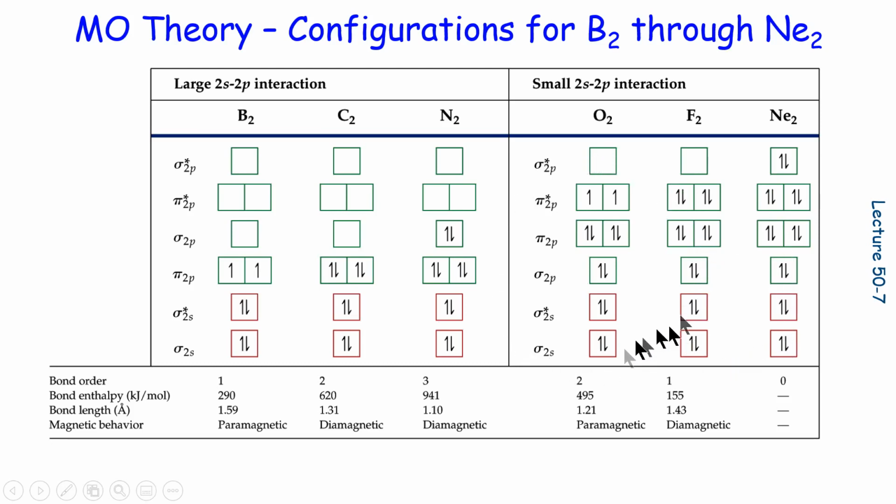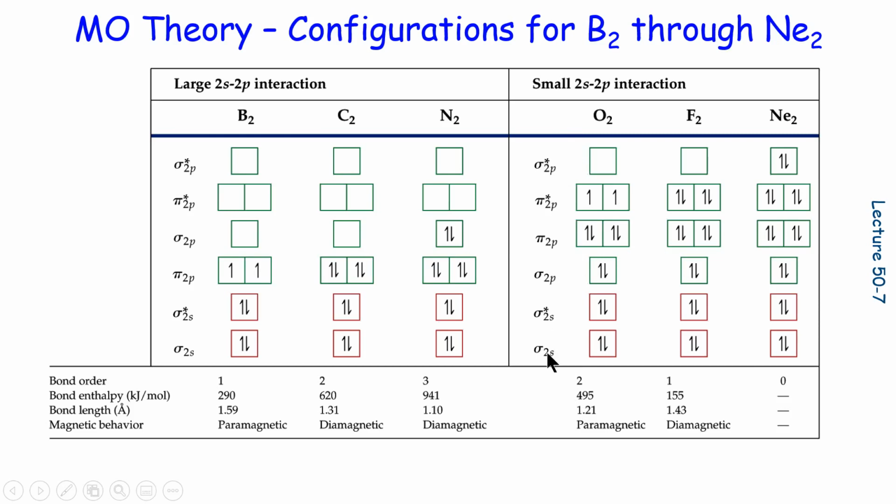On the right-hand side, those are the diatomic molecules without sp mixing, or we call that with a small 2s2p interaction. Then their energy follows the normal order.